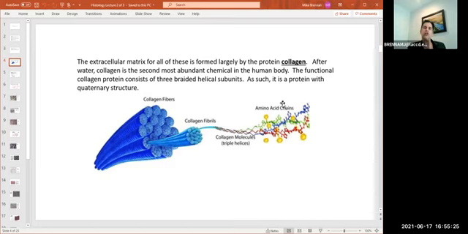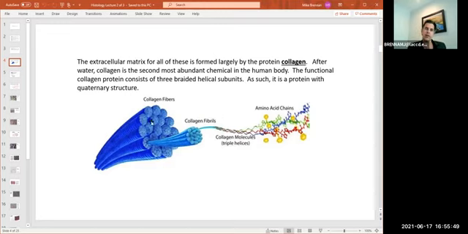The functional part of collagen, we have these 3 helically braided subunits, kind of like braided strands, braided cable. So we say it's a protein that's composed of multiple subunits, 3 of them. They braid together and they form what's called a quaternary structure to that protein.